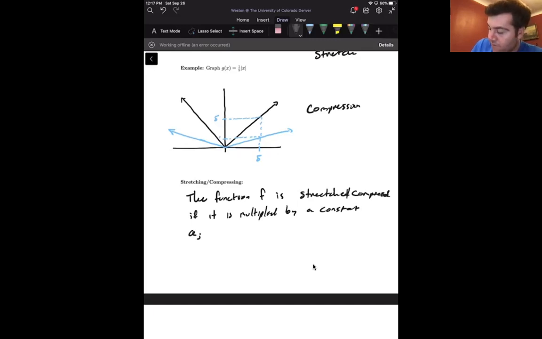So then a f of x is the stretched or compressed version.